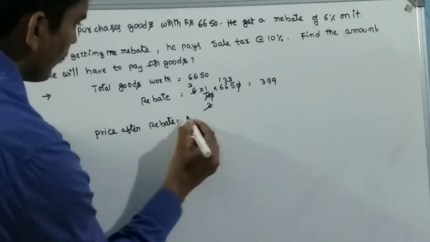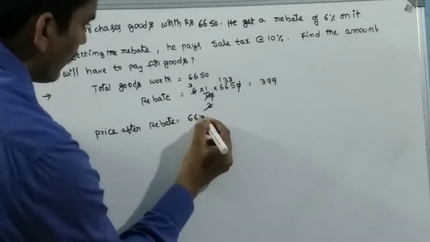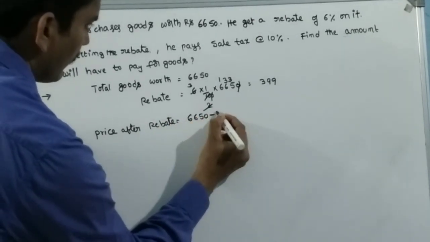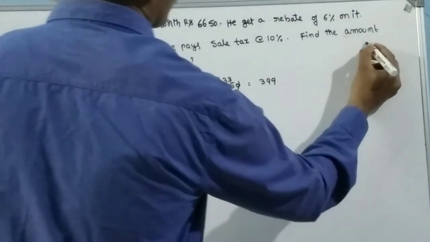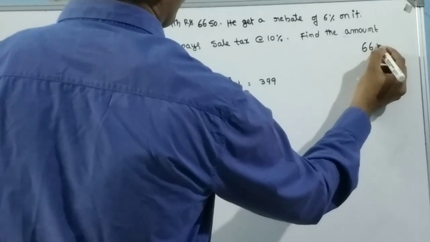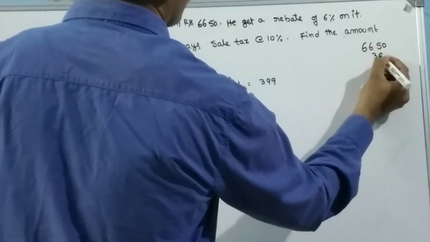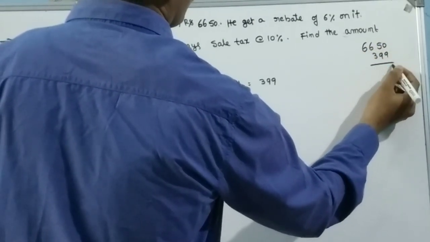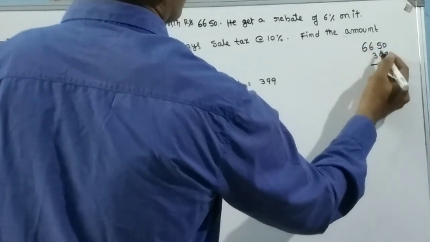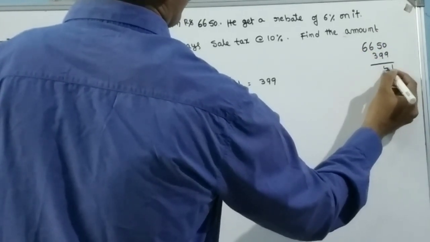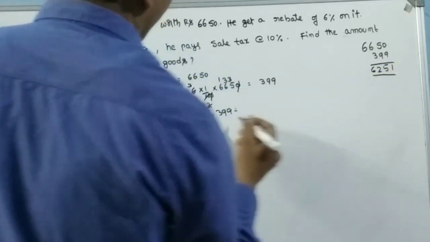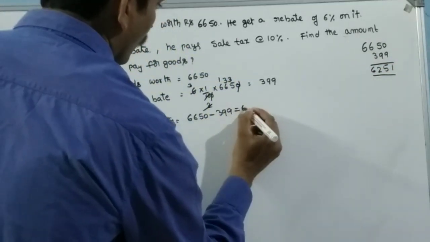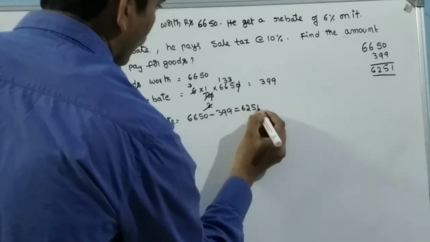Then price after rebate. How much, friends? 6,650 minus 399. How much is this? 6,650 minus 399 is 6,251.